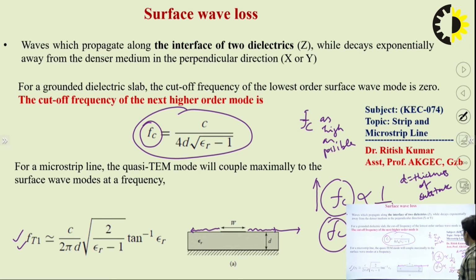And if you take a low value of effective relative permittivity of the substrate, you will again have a high cutoff frequency. So our main aim is to make the cutoff frequency of surface wave as high as possible for higher order modes, to minimize the surface wave at the interface of substrate and air media.